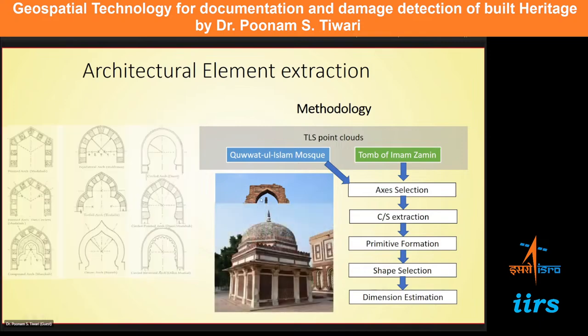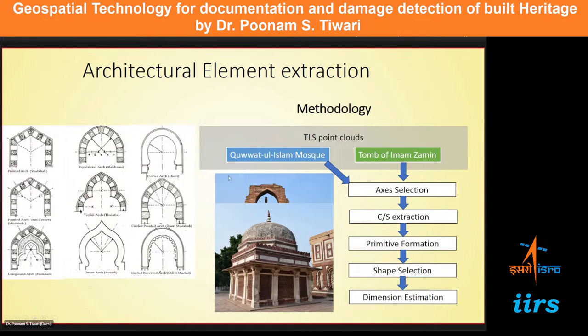What we did was, we found out the historical period in which this particular structure was built, and in that period of time, what type of arches were generally constructed. We have gone through a lot of literature, and we found that in that particular era, these are the basic types of arches that were created.